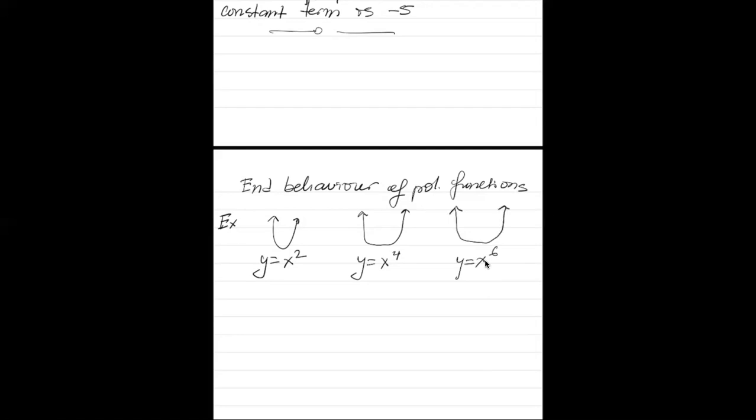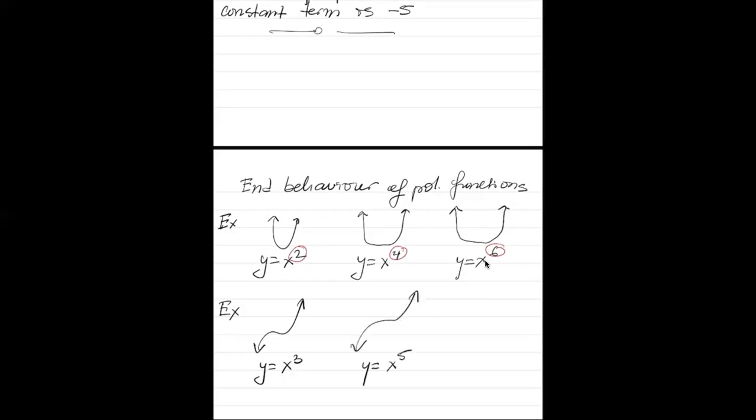So you notice the powers are even numbers. If the powers are odd, for example, y equals x to the third, we know the graph looks like this. So one end is down, one is up. So it's increasing. Y equals x to the fifth, we have a similar situation.